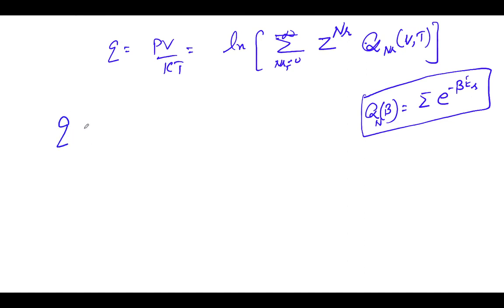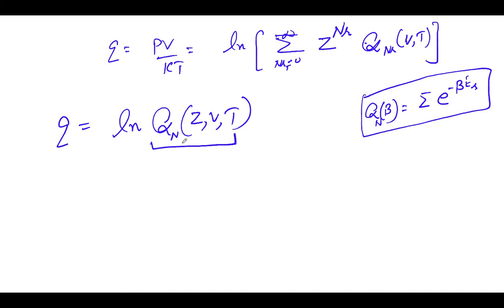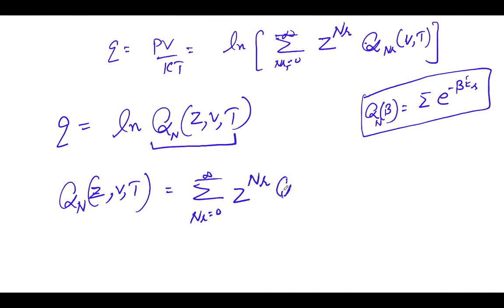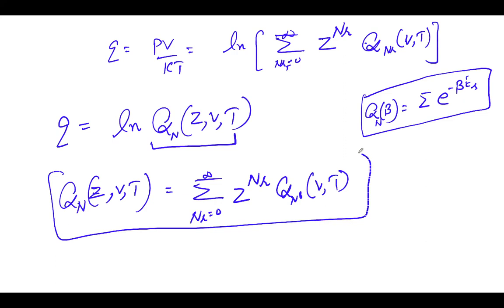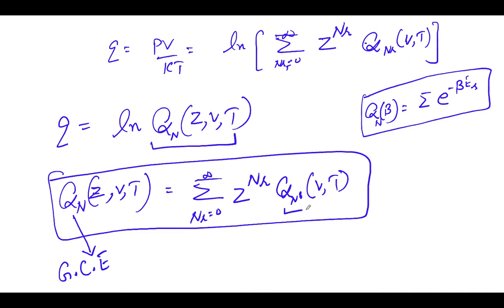So this Q, for which we introduced a new parameter, is dependent upon the logarithmic value of Q1 Z, V, T. So Q1 Z, V, T is dependent upon these three parameters: summation of NR from 0 to infinity, Z raised to power NR into Q of NR, V, T. So this Q1 Z, V, T is the partition function of a grand canonical ensemble, and this Q of NR, V, T is the partition function of the canonical ensemble.